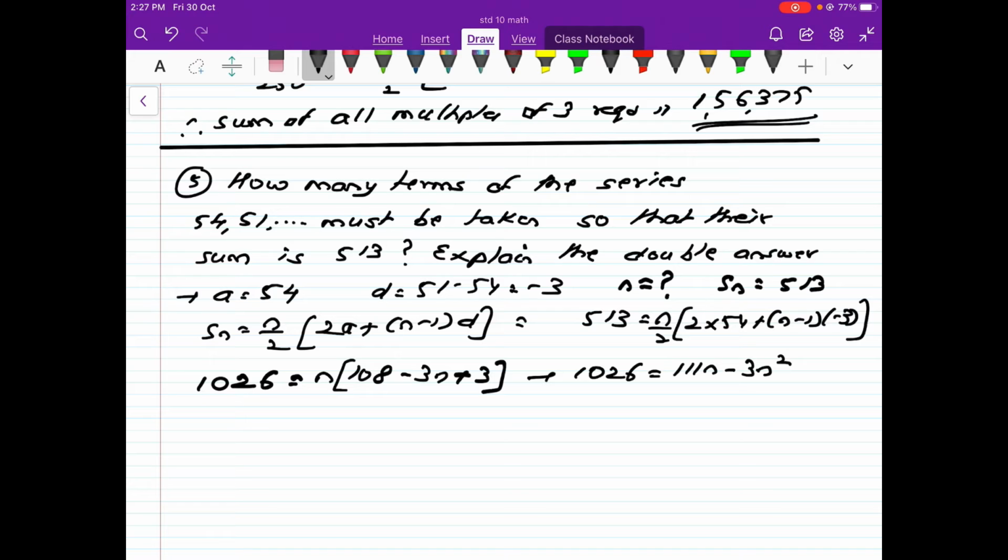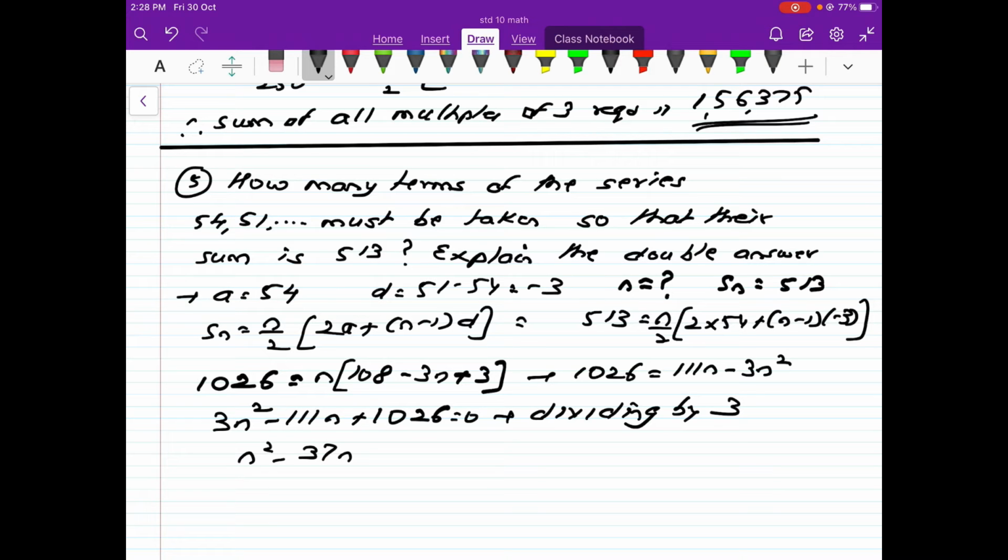So we end up with a quadratic equation. Now we'll have to solve the quadratic equation. Writing it in the standard form, it is 3n square minus 111n plus 1026 is equal to 0. I will divide it by 3. Dividing by 3, we get n square minus 37n plus 342 is equal to 0.